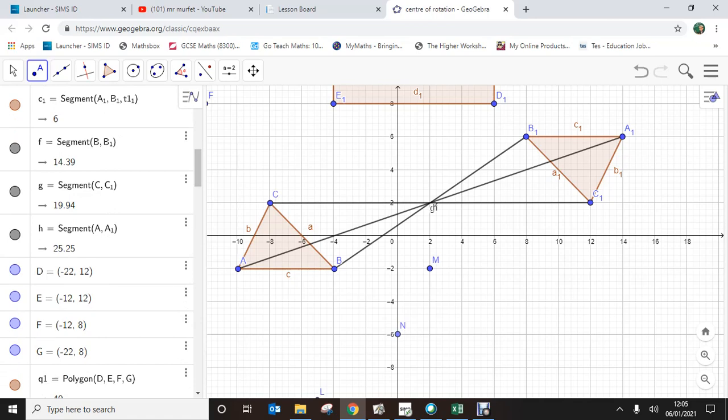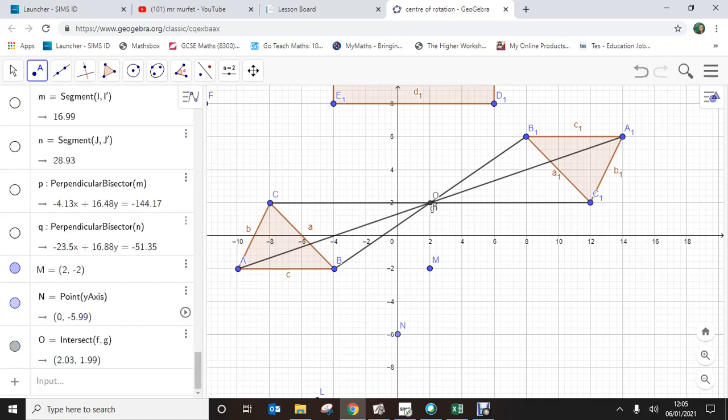You can see in the middle there, where the points intersect, that is my center of rotation at the point 2, 2. So this particular shape has had a 180 degree rotation around the point 2, 2.